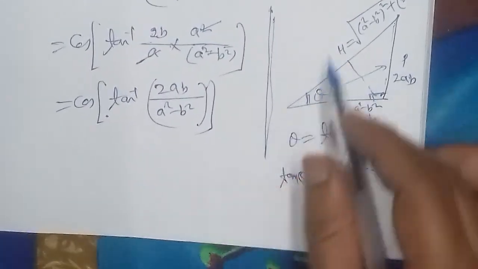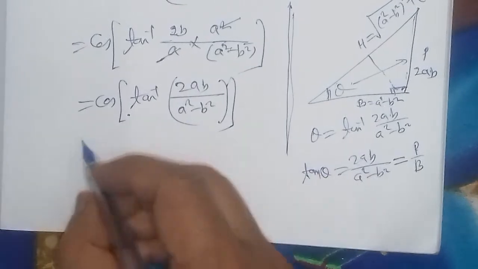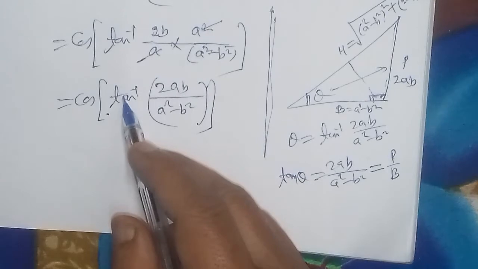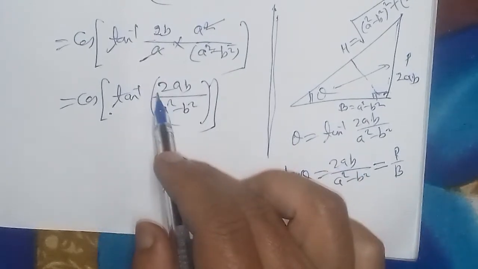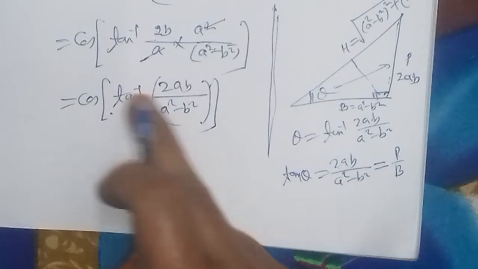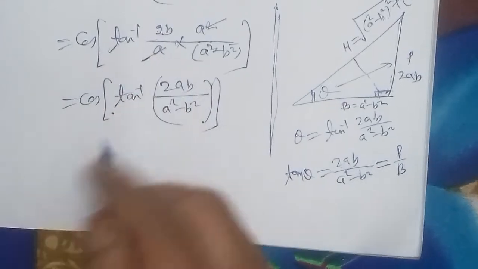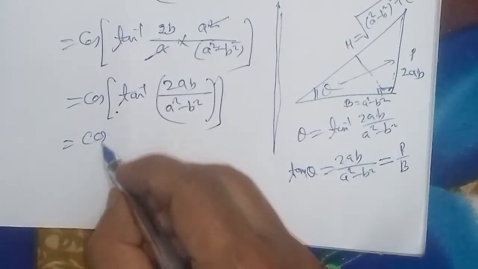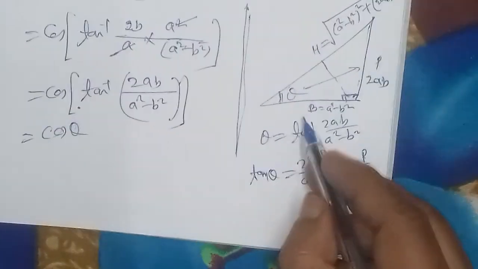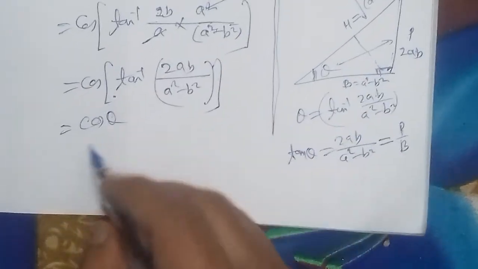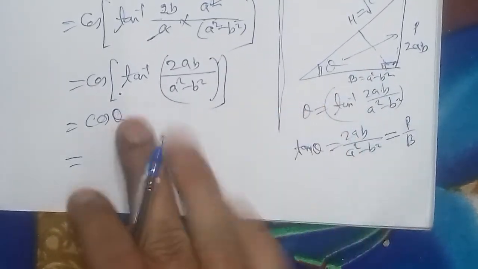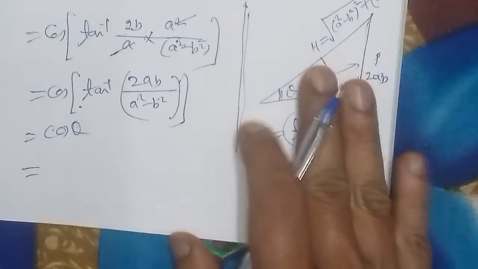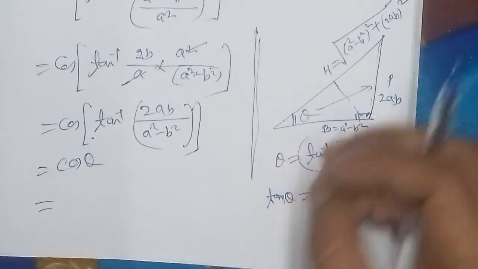So by this we can change this into tan theta, and we can also find cos theta. If we write theta here, then this will not be rough work, this will be fair work.